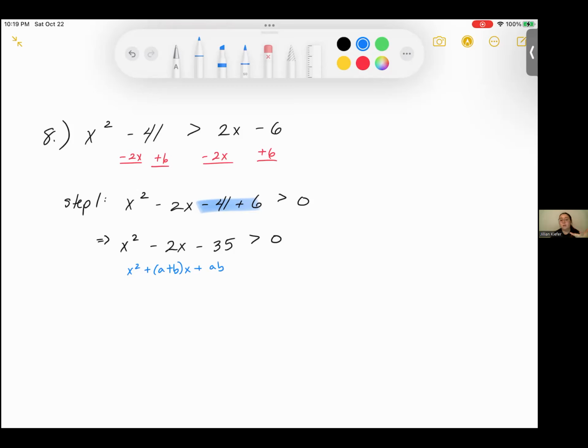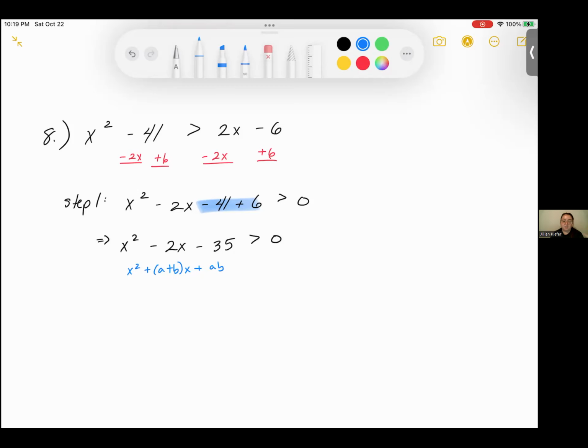So you can think of all the numbers that multiply out to negative 35. There's not a whole lot. It's really 35 and 1, and 5 and 7. We see that 5 and 7, if we subtract them, their difference is 2, which is the number in the middle. And since 35 is negative, one of those numbers has to be negative. So we're pretty sure it's going to be 5 and 7.